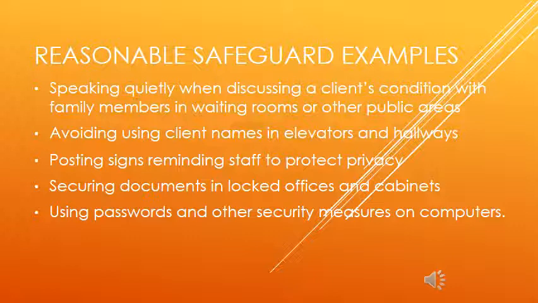Next, we always want to be careful discussing what information about the individuals we serve in public areas. We always have to be aware of who is around and who is in the building. Staff members need to be constantly and consistently reminded regarding the responsibility to protect the privacy of the information that they have.